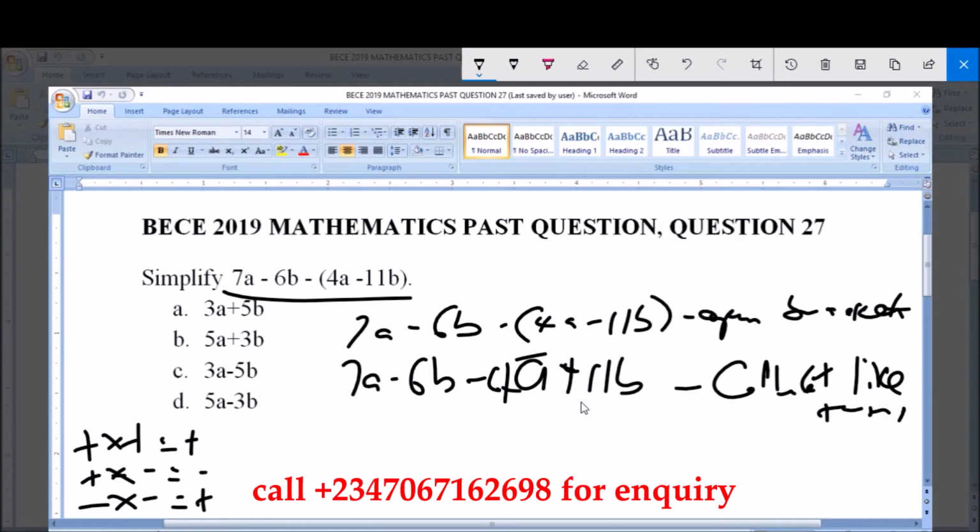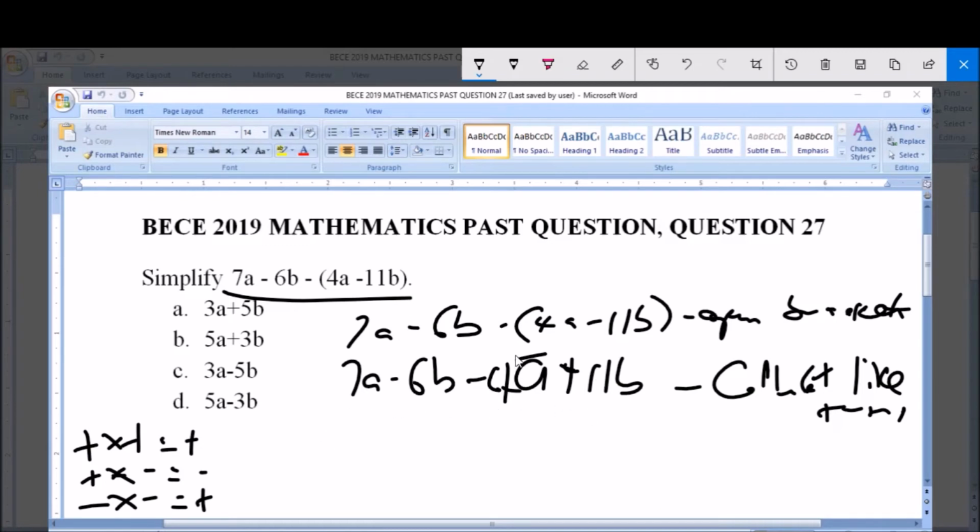So collecting like terms simply refers to bringing the a's together and bringing the b's together. Now how do we do this? We have 7a here, and we have minus 4a. So bringing this together, we have 7a minus 4a. Then we have minus 6b plus 11b.